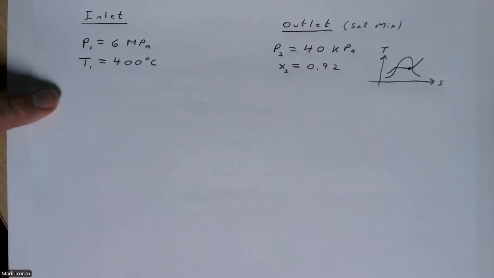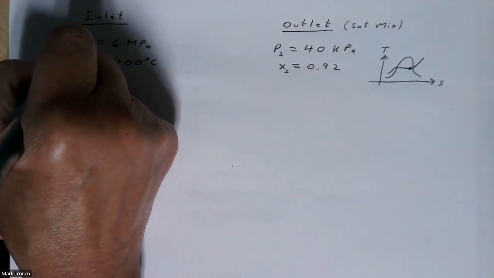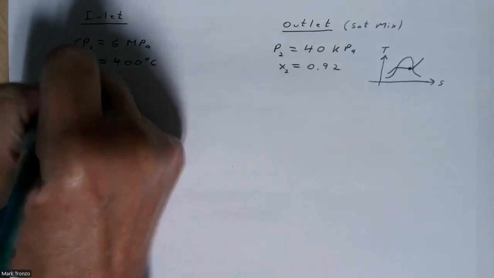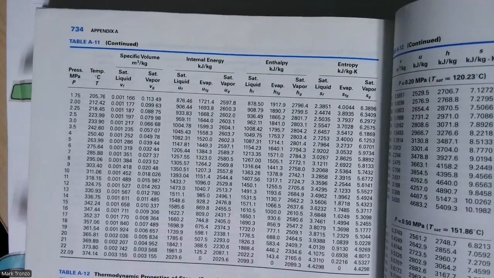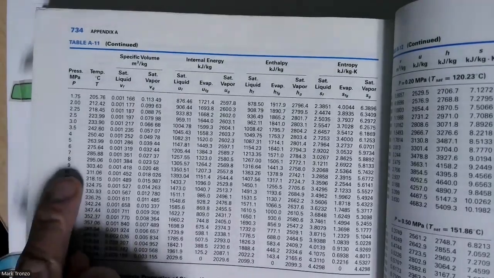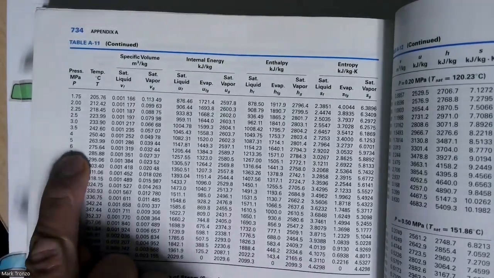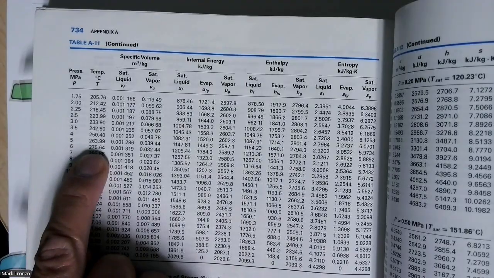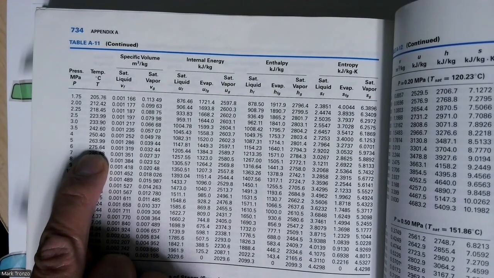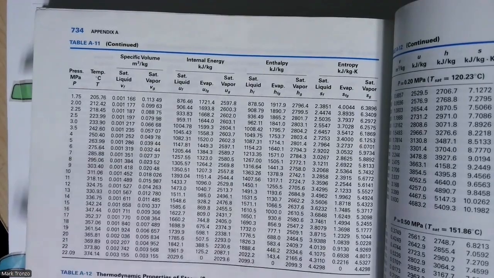And if we look up these values in our steam table, remember, be sure to look up steam, we can see that at 6 MPa, the saturation temperature is 275 degrees, but our temperature is 400 degrees Celsius. So that means we're going to be superheated.